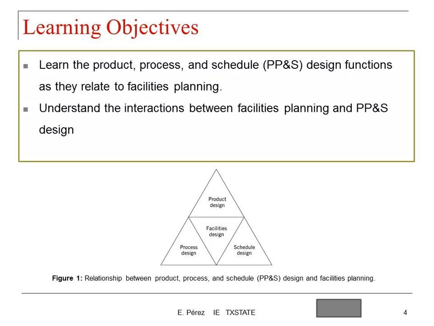We are about to finish schedule, and we're going to cover one more thing. And the second objective is understand the interactions between facilities planning and the product, process, and schedule design. Okay, so the figure basically shows you that all these things, these first 3 things, are related to the facilities design process.